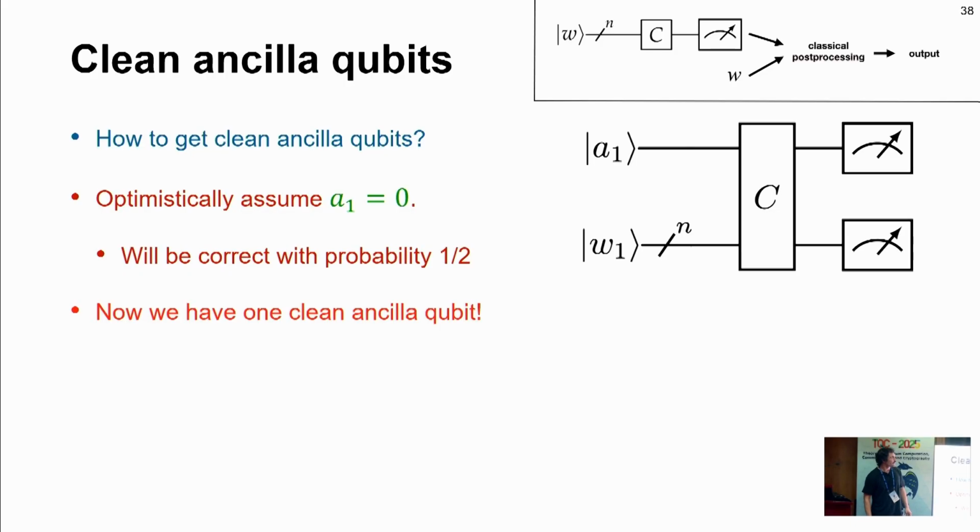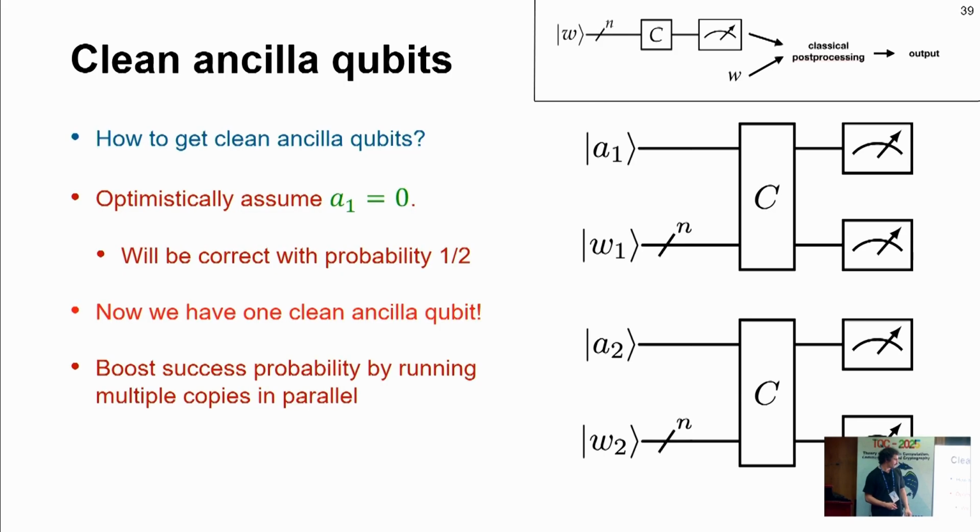In the top left corner here, we have the random basis state definition of half BQP. And we want to simulate a DQC1 computation with one clean qubit and some mixed state on the rest of the qubits. So we'll optimistically assume that our desired clean qubit is 0. When we learn the state W, we'll find that we're correct with probability 1/2.